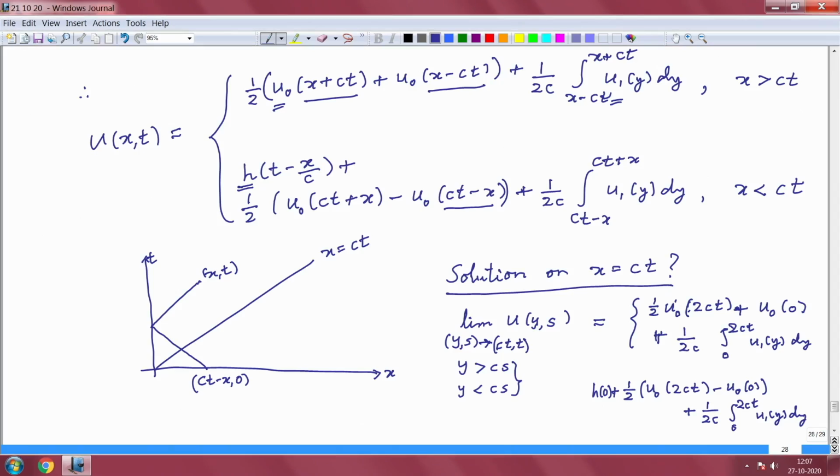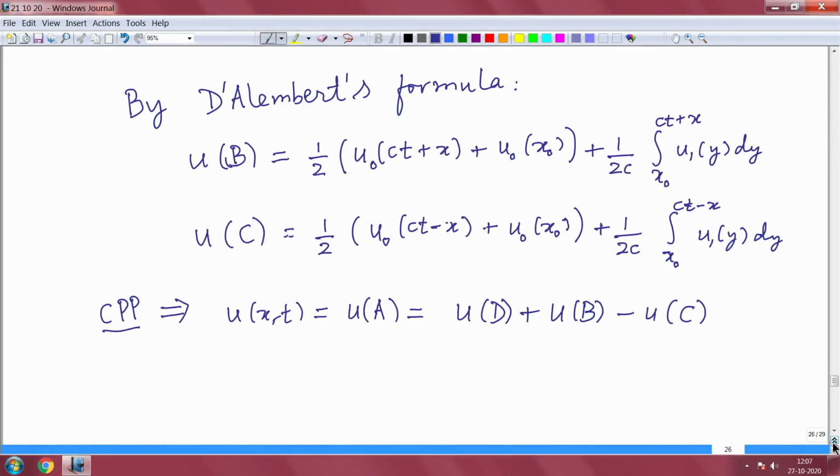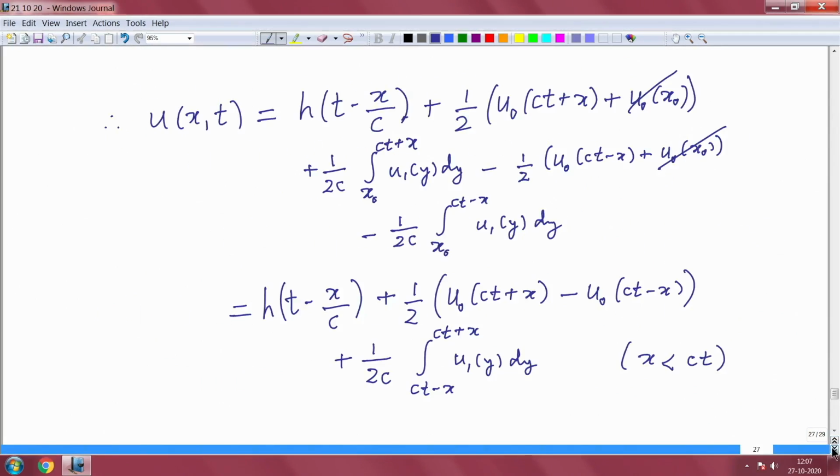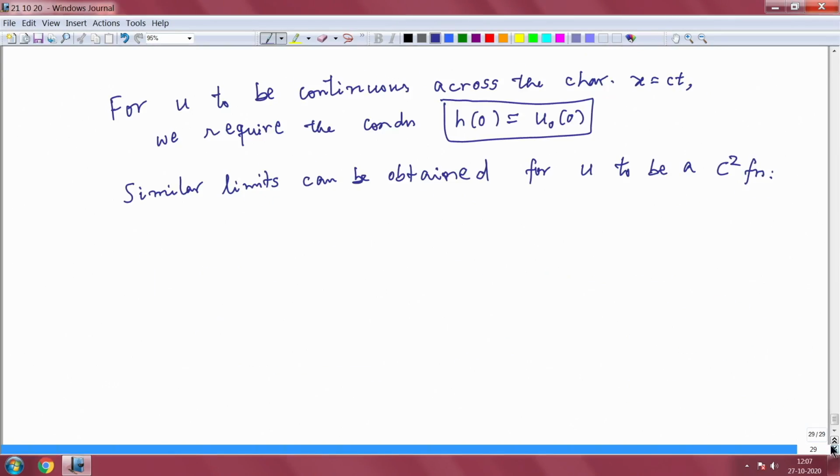So, you will get two more conditions. So, we obtain, this is a bit of work. We have to do some computation.